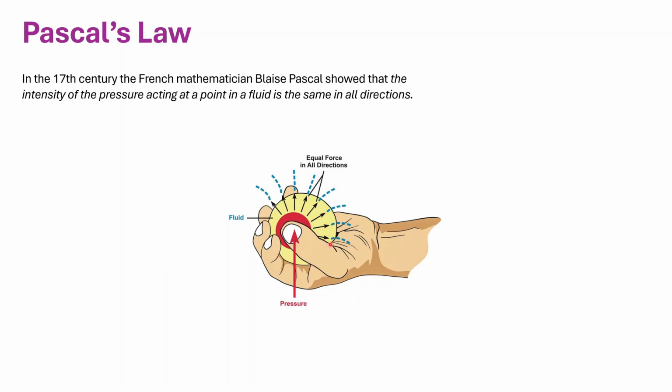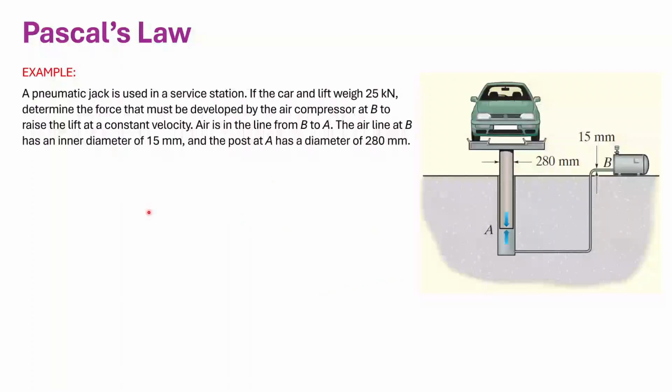So this figure is showing that, for example, if this is a bowl that is filled with water, if you apply pressure to it, then the fluid inside will exert forces on the inner surface of this bowl in all directions, and all of those are the same. So these are equal forces in all directions.